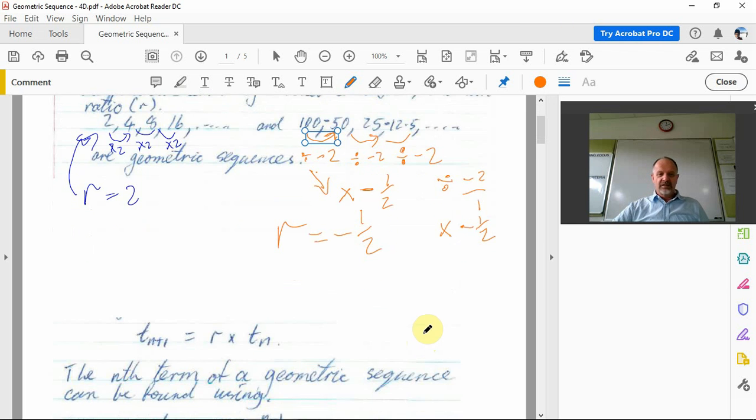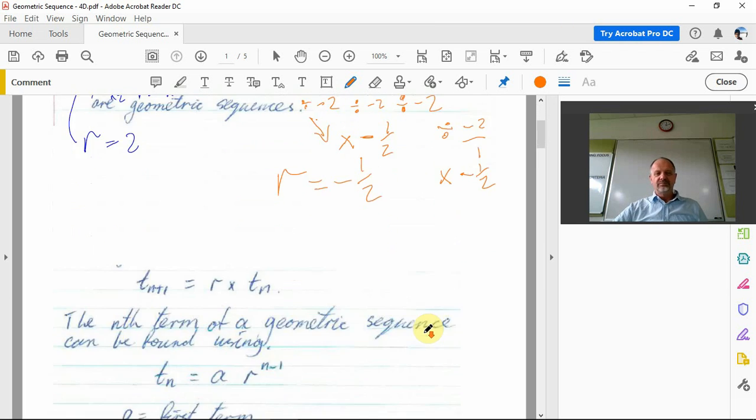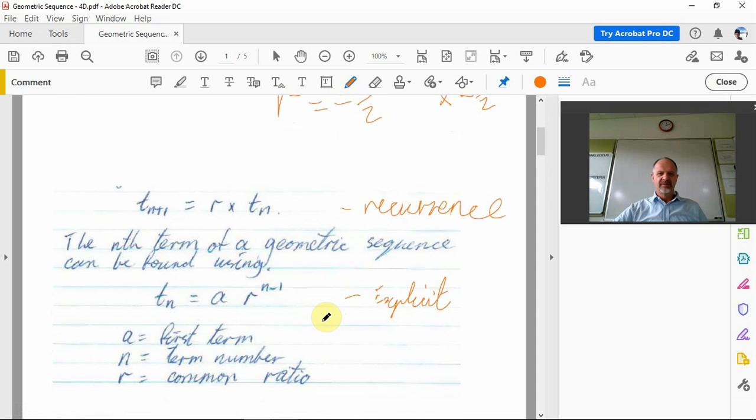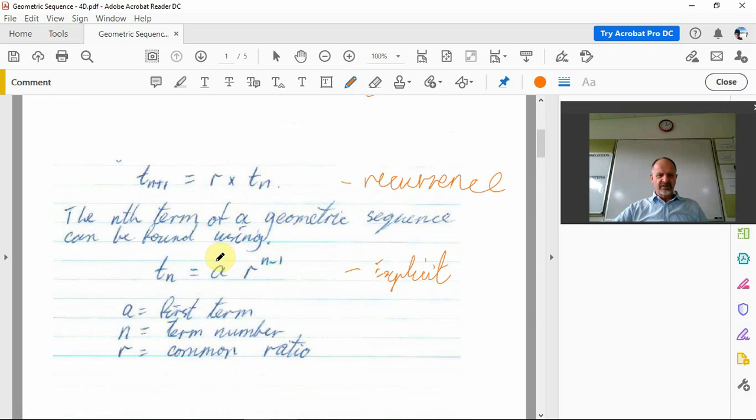Now if we go further, this one is the recurrence relation: how you get the next one from the one you've got. And this one's our explicit formula, which tells us the term number in relation to the terms. Again, we need to know our first term and our common ratio.